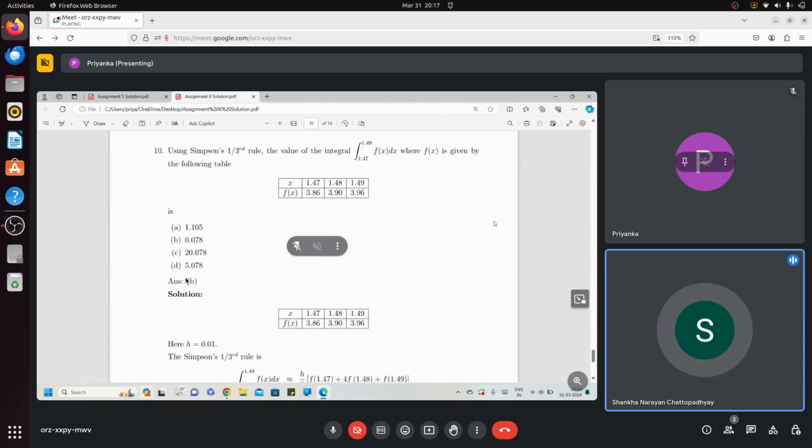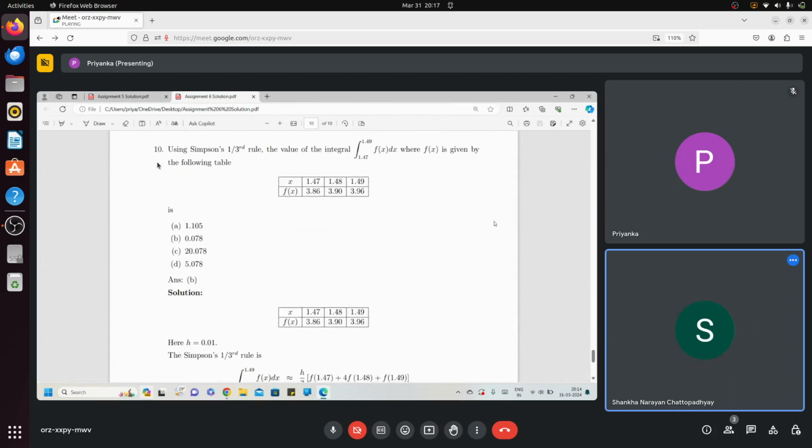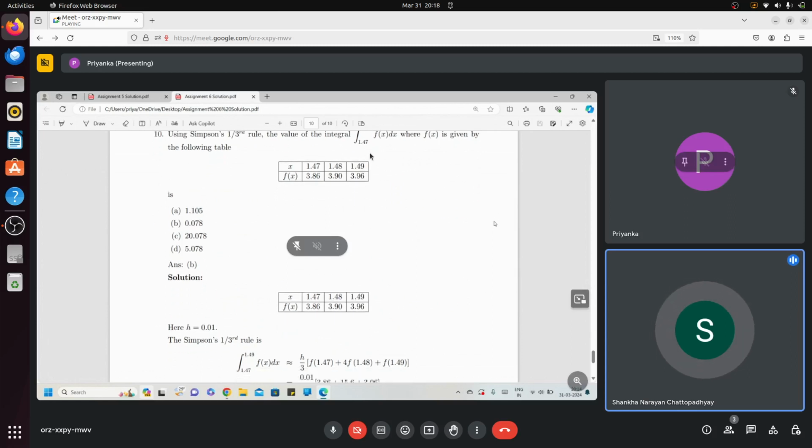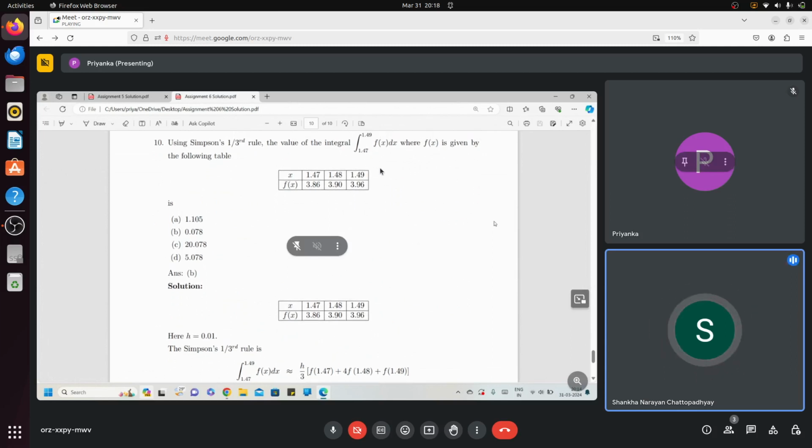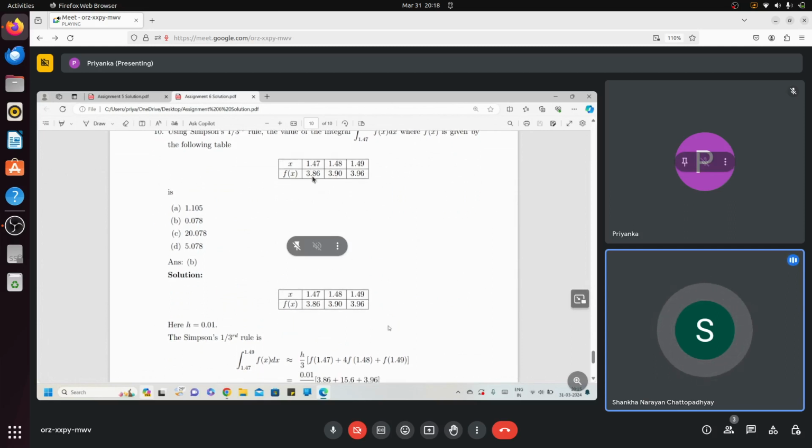Using Simpson's 1/3 rule, you determine the value. So for 1.47, where is fx? fx का टेबल दिया गया है. So Simpson 1/3 rule will be h by 6.